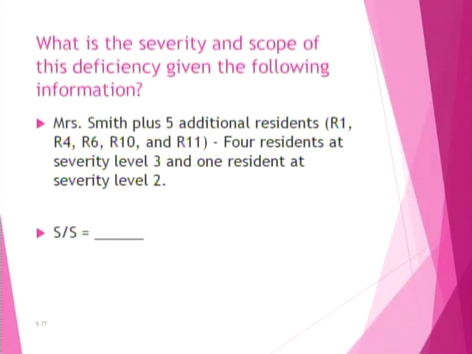So think about then, what is the highest level of severity that we have? All right, so we have 5 residents at severity level 3. So severity level 3 is going to be what we're looking at. And we've got 5 residents, so that's going to be a pattern. So severity level 3 pattern would be what? It would be an H.